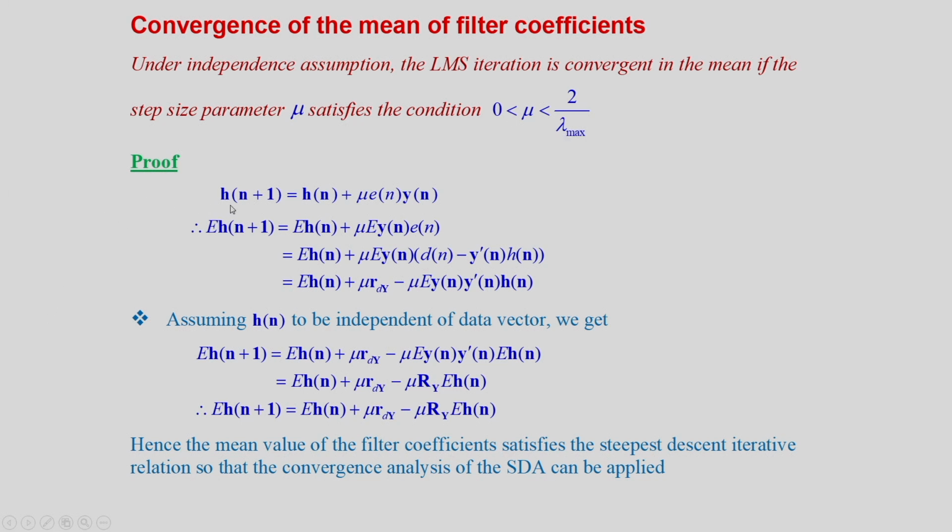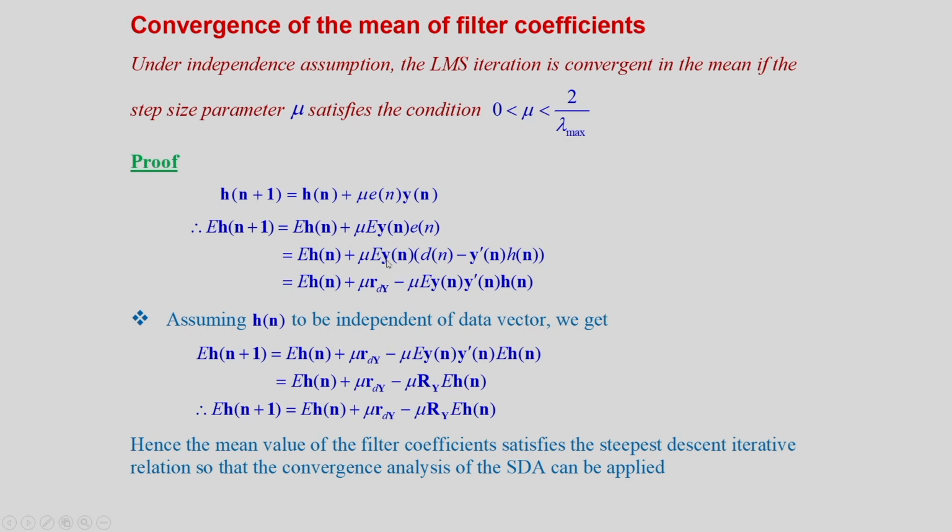We will prove this. H(n+1) is equal to H(n) plus mu times e(n) into y(n). Therefore, the expected value E of H(n+1) is equal to E of H(n) plus mu times the expected value of y(n) into e(n). That is equal to E of H(n) plus mu times E of y(n) into error, which is d(n) minus y transpose(n) into H(n).